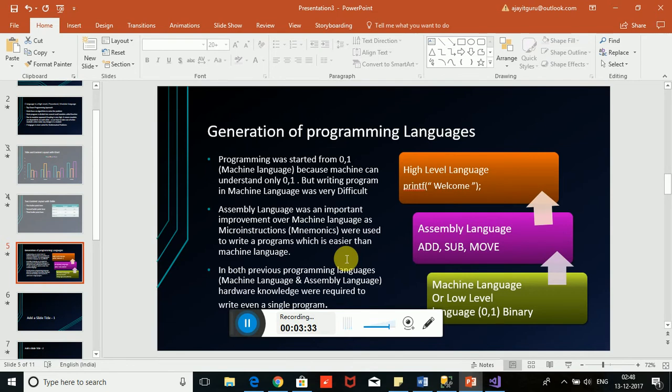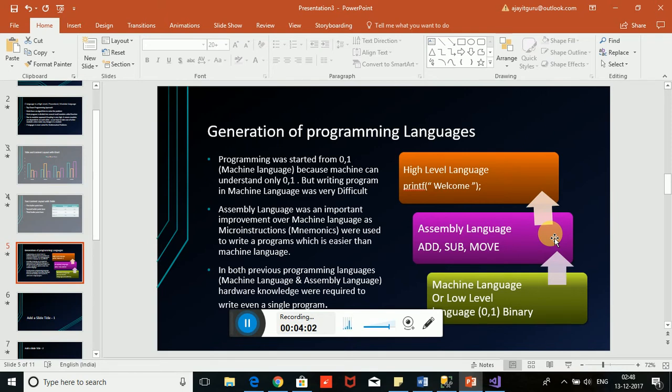And I would like to explain one more thing. Suppose you write a program in assembly language, then it must be converted into 0 and 1 somehow because we know computers can understand only 0 and 1. So there were assemblers. An assembler is a program which converts an assembly language into its equivalent binaries, or machine language.